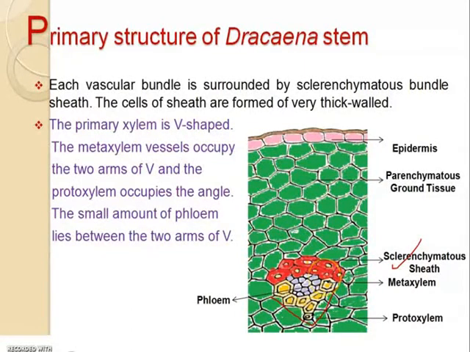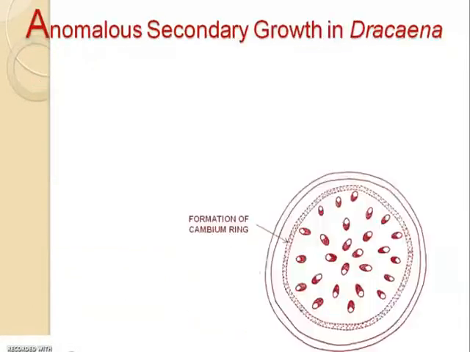The metaxylem occupies the two arms of the V. This is the metaxylem, which occupies the two arms of the V, and the protoxylem occupies the angle of the V. This is the protoxylem, and a small amount of phloem lies between the two arms of the V. This is the phloem which lies between the two arms of the V.